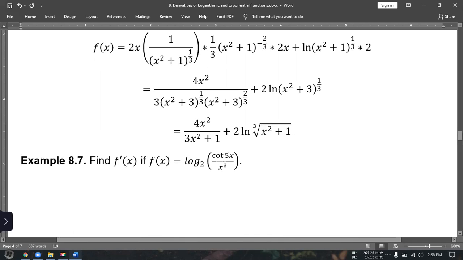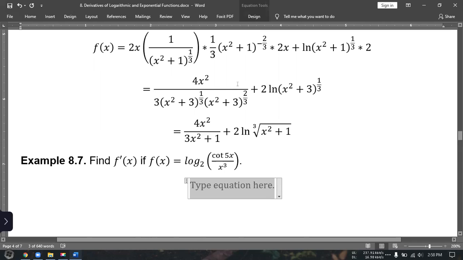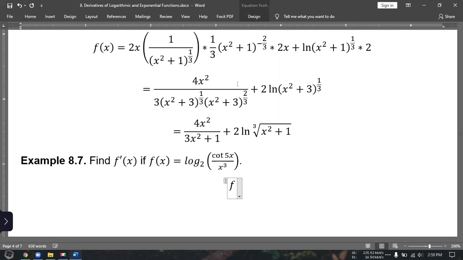First, let's proceed to f prime of x. We have logarithm of cotangent 5x over x cubed, base 2. So using our definition a while ago, that is 1 over natural logarithm of the base, so 1 over natural logarithm of 2 times 1 over u.